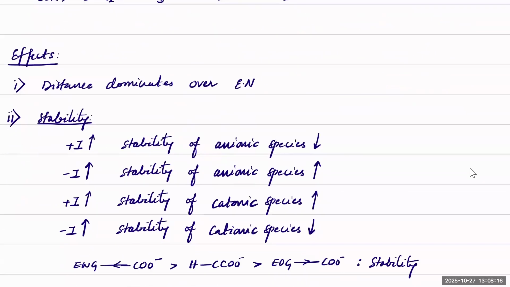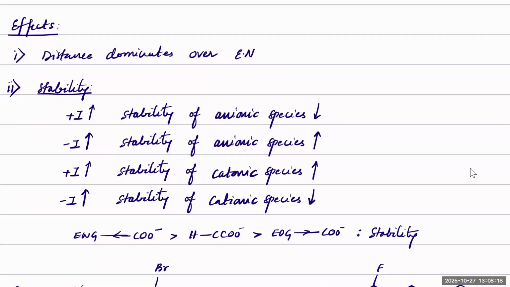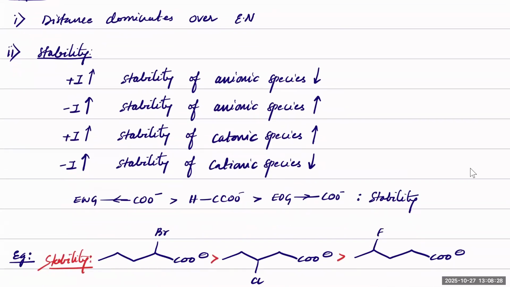Clear, beta? You know that distance is always a dominant factor over electronegativity when it comes to the inductive effect. And if the plus I character increases, the stability of the anionic species will decrease. If minus I increases, the stability of the anion will always increase.